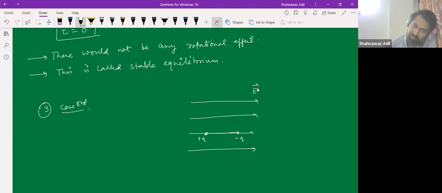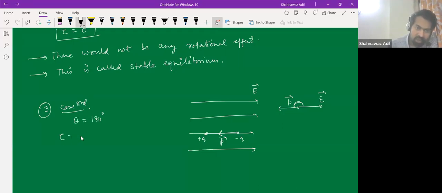This is the direction of dipole. This is electric field. So what is the angle? No, sir, 180 degree. So for this case, theta is 180.